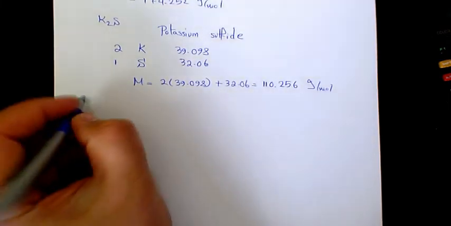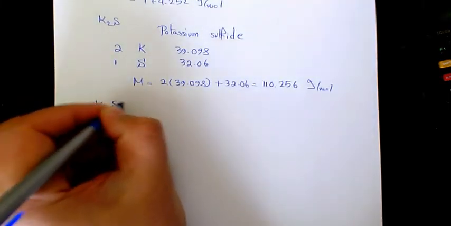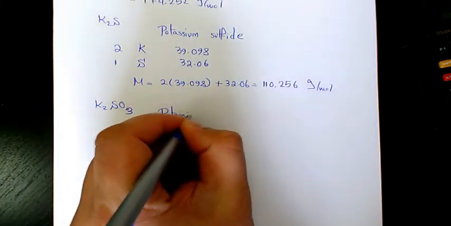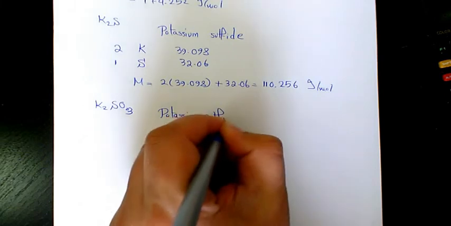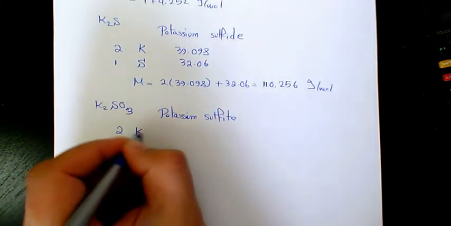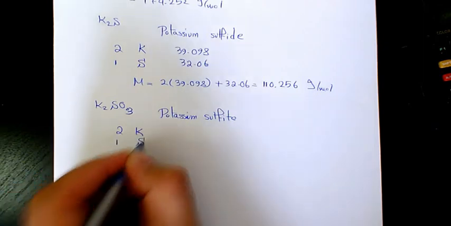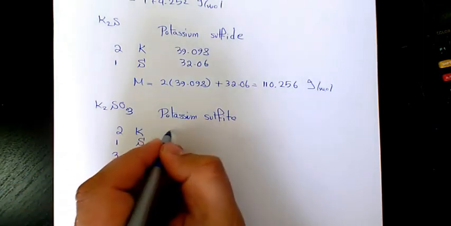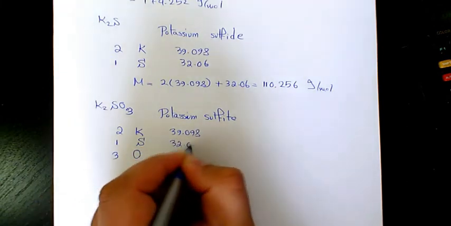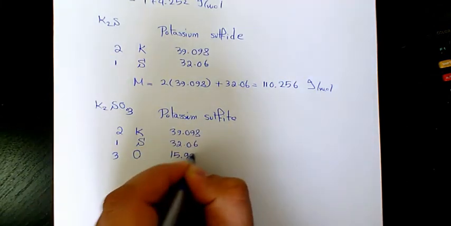And the last one, we have K2SO3, potassium sulfite. And 2 atoms of potassium, 1 atom of sulfur, and 3 atoms of oxygen. That's 39.098, 32.06, and 15.999.